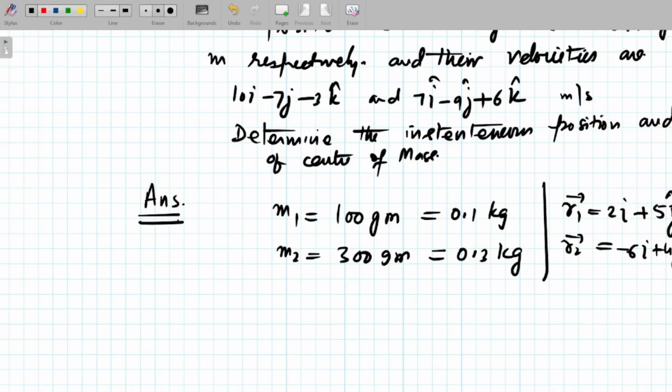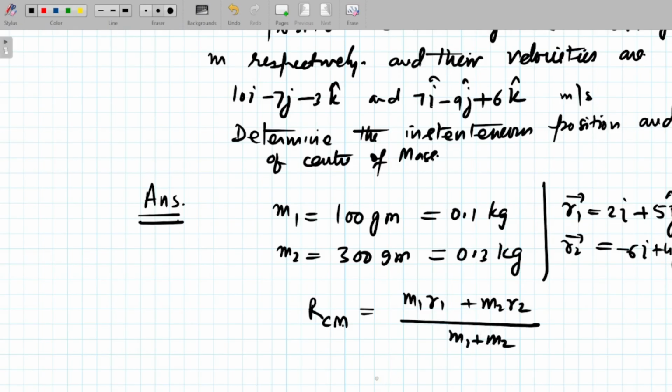So if you want instantaneous position, you write your RCM. It will be M1 R1 plus M2 R2 upon M1 plus M2. So write down all the values and find out and let me know what is your RCM.